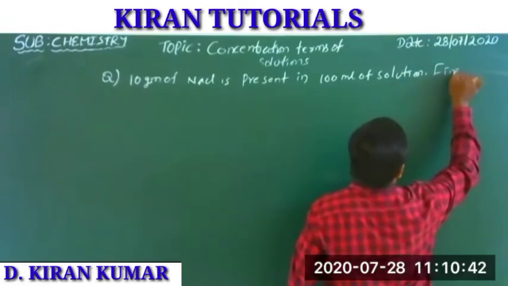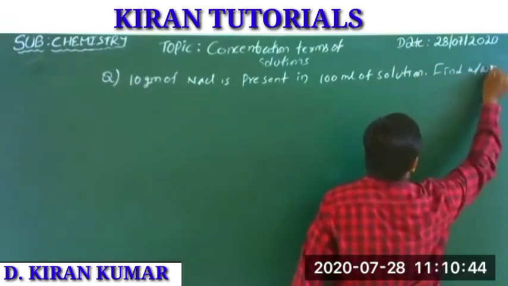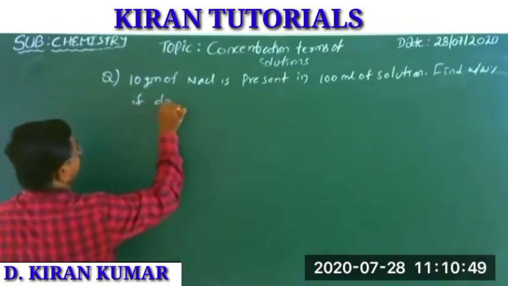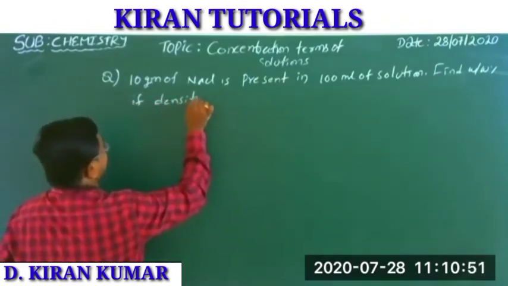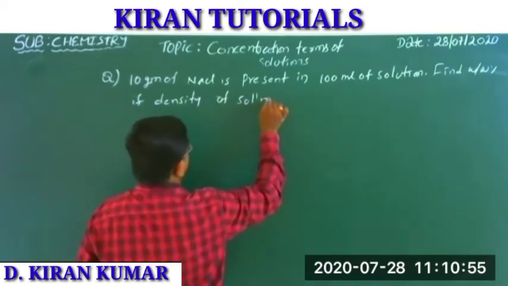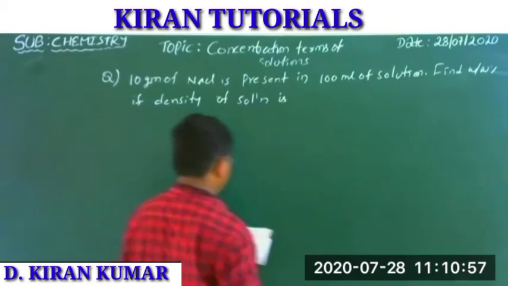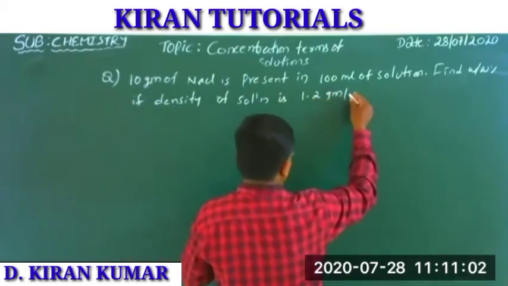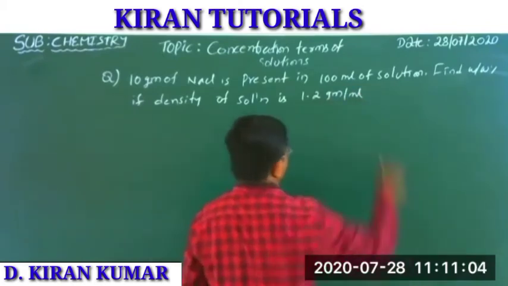Find W by W percent if the density of the solution is 1.2 grams per ml.